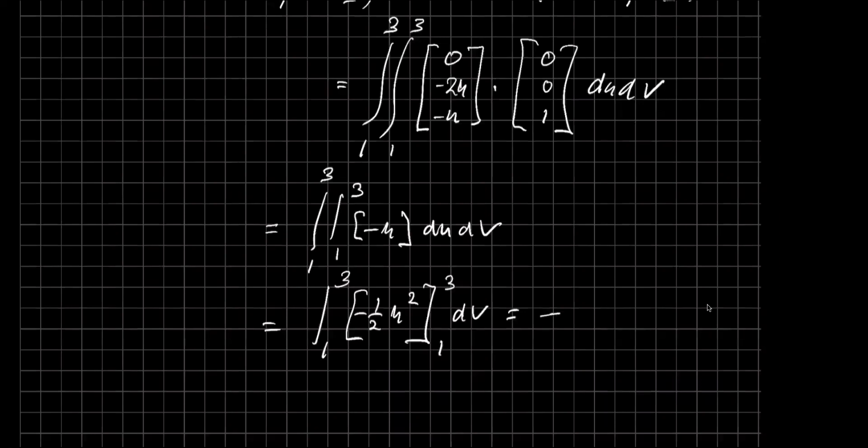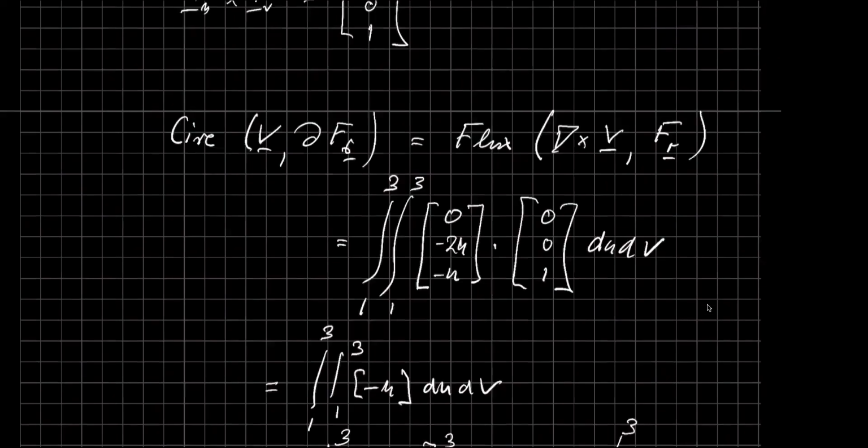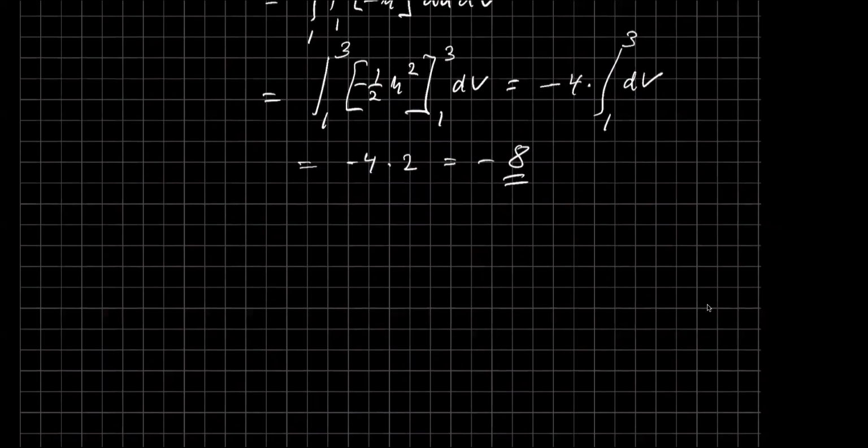I can put this outside the integration with respect to dv. The last integral here is equal to 2, so it will be minus 4 times 2, and that is minus 8. So in this way, by a single integral, you have computed the circulation.